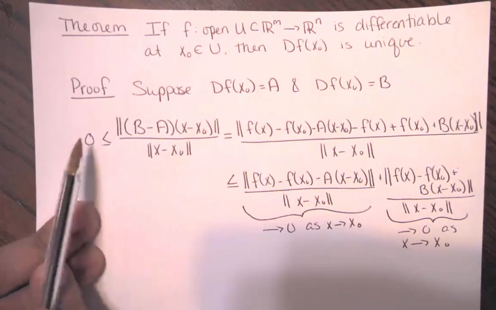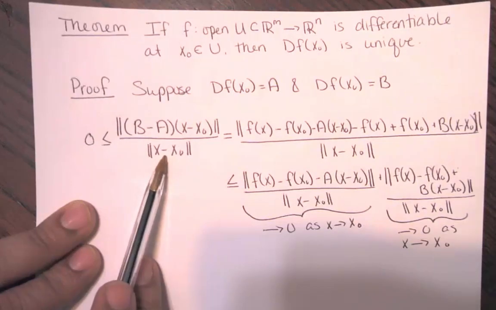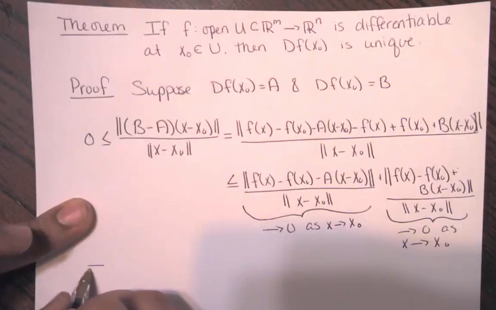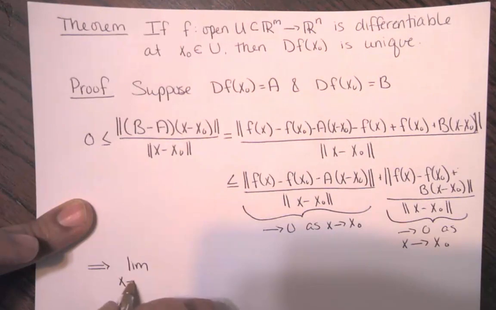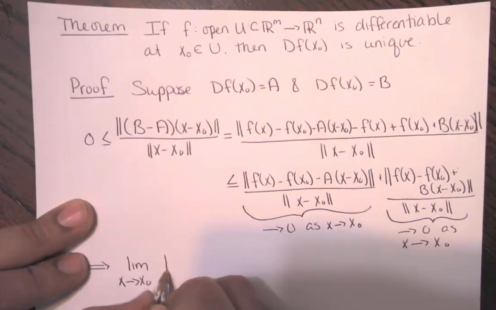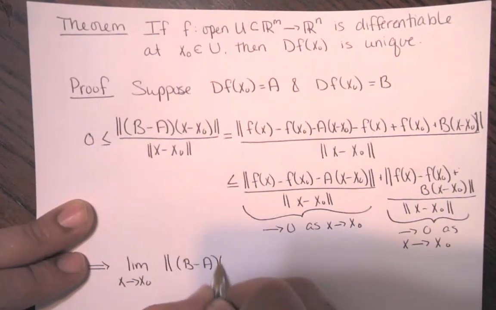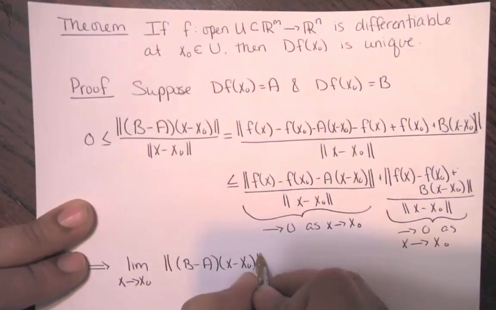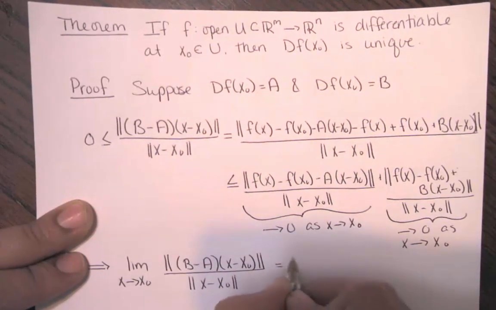And because this is sandwiched between 0 and a function that converges to 0, that means this converges to 0. So therefore the limit as x approaches x naught of the norm of B minus A times x minus x naught, divided by the norm of x minus x naught, is equal to 0.